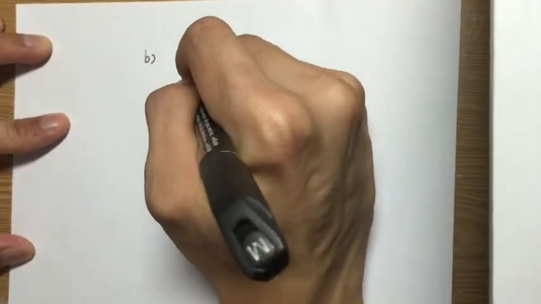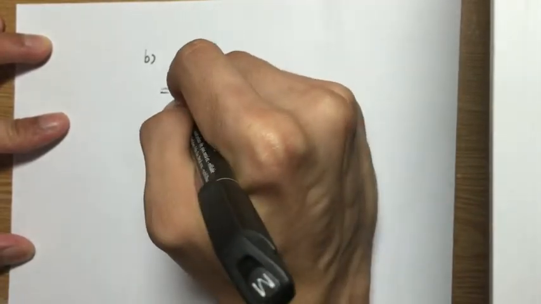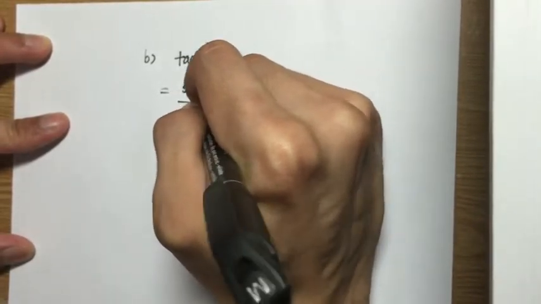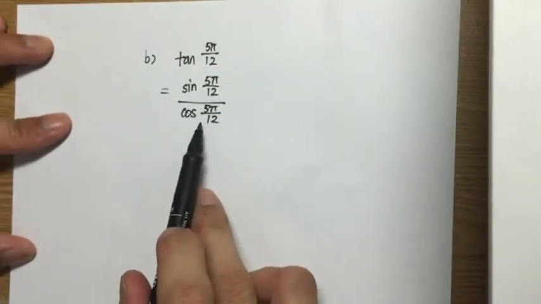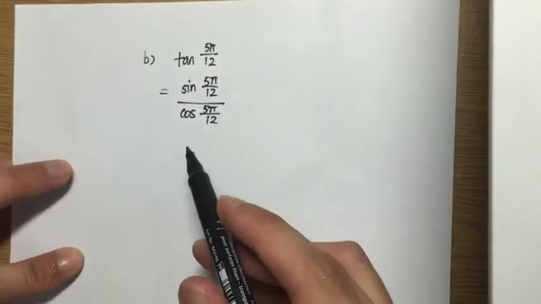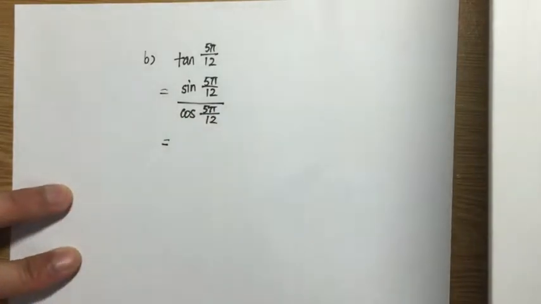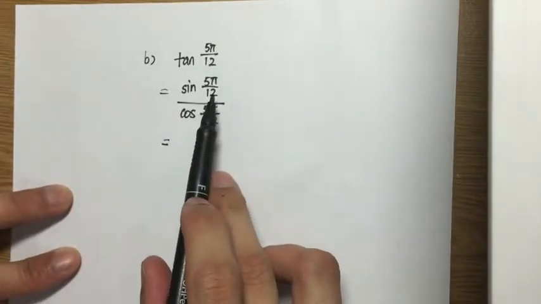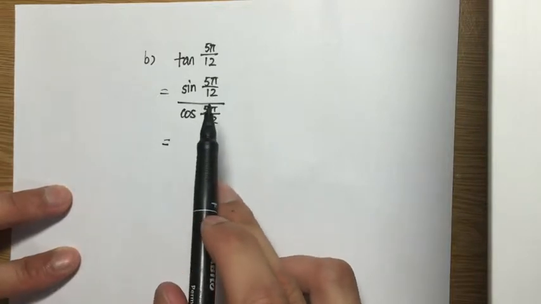However, we can change this into sine 5 pi over 12 over cosine 5 pi over 12. The reason we can do this is because sine over cosine gives us tangent. From here, we can apply the concept of compound angle formulas by dividing 5 pi over 12 into the addition of two special angles.